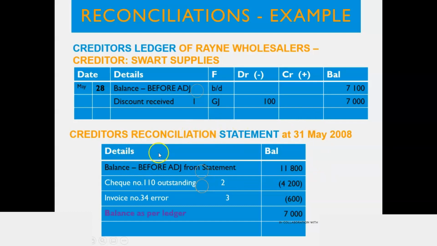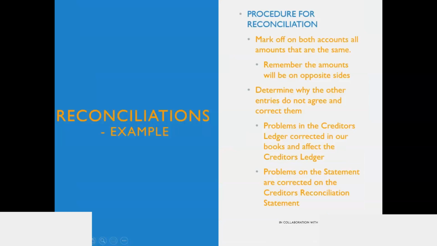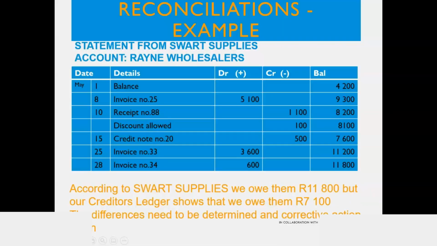Our reconciliation will start with the balance at the end of the statement, which was 11,800, and then we start recognizing all the differences. Let's go back and see if you still remember where these amounts are coming from.